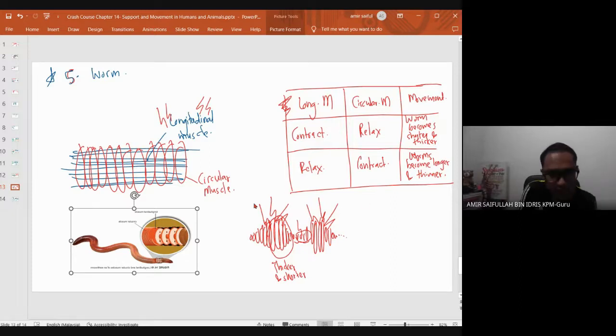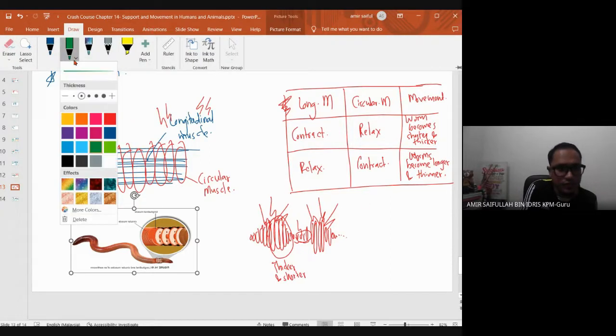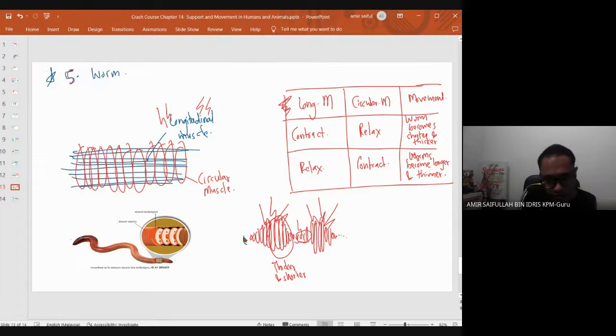So like this. So this one, if you see here, this one is very thick. You see very thick and very short. Okay, so this is when the longitudinal muscle contracts. So longitudinal muscle contracts, circular muscle relaxes.